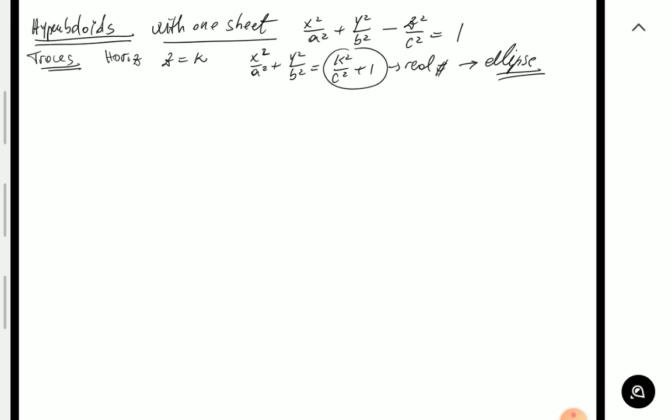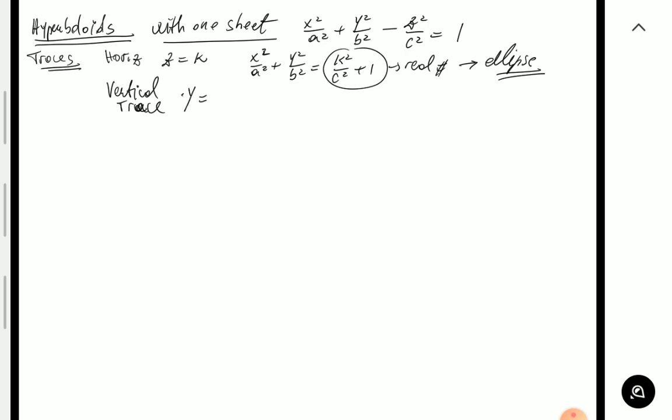What about a vertical trace, which by the way gives the name of these quadrics, right? So I mean the vertical trace, whose equation is going to be, let's say it can be either over the x-axis or over the y-axis. Okay, so let's say I do it over the y-axis.